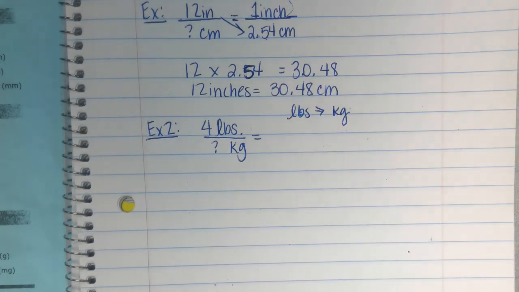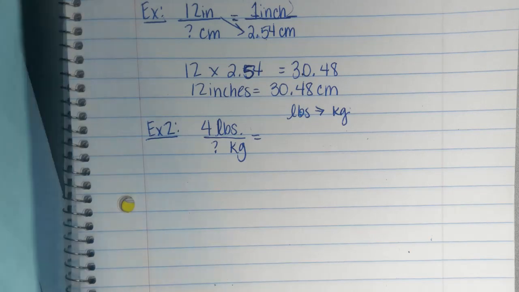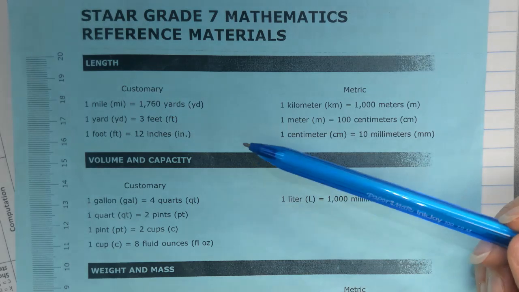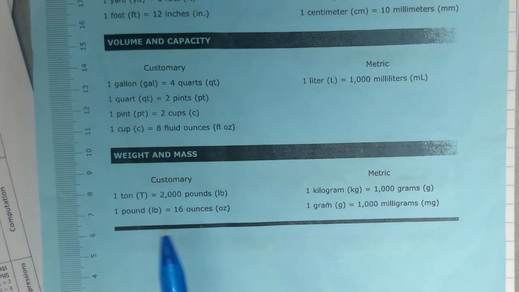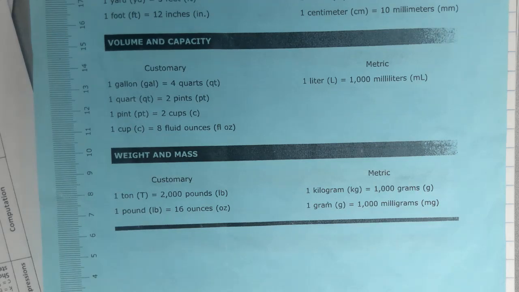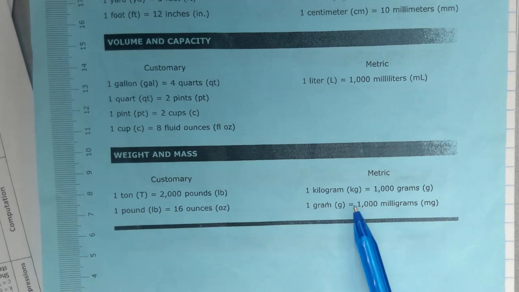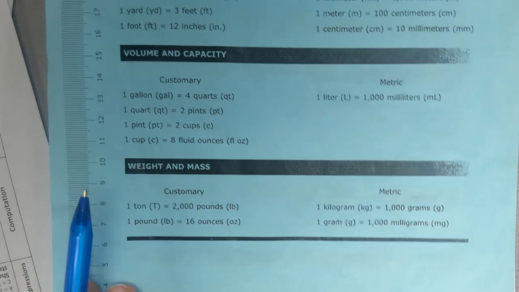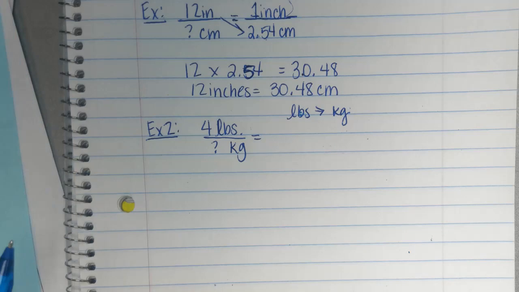So we need to find something on our conversion chart that tells us some information we could work with. Well, on our conversion chart, we have weight and mass down here. We have a pound is 16 ounces, but we don't know how many ounces are in a gram. So it's not going to be on this chart, but it would be some information I would tell you.